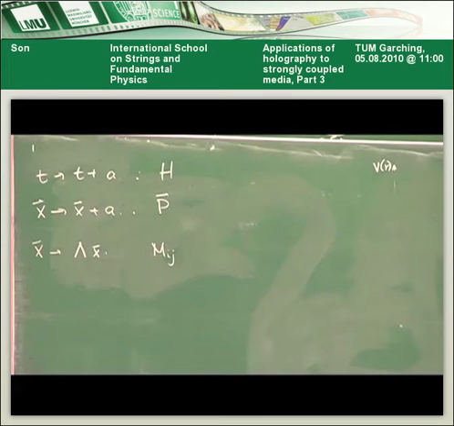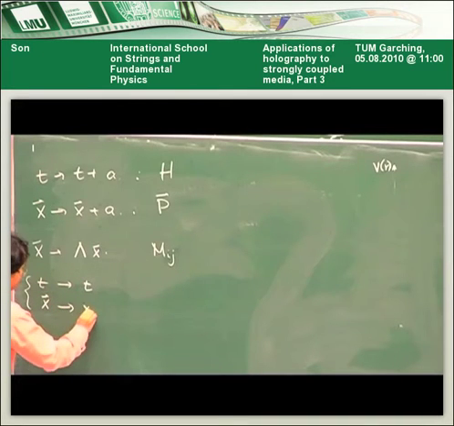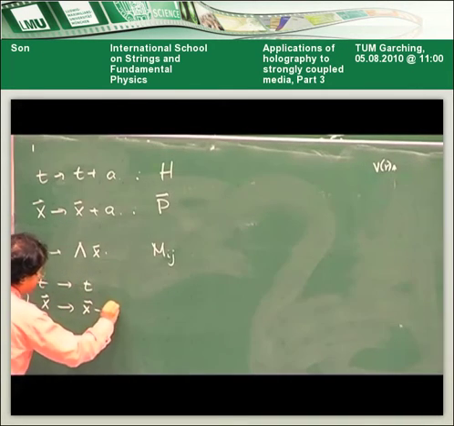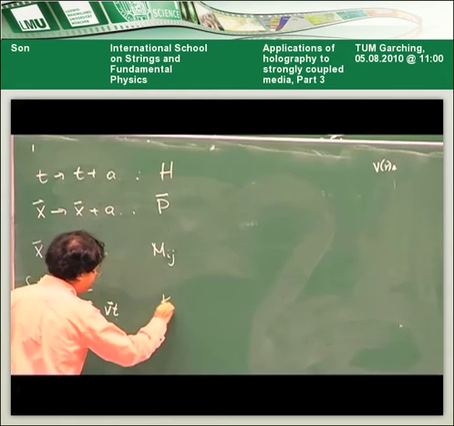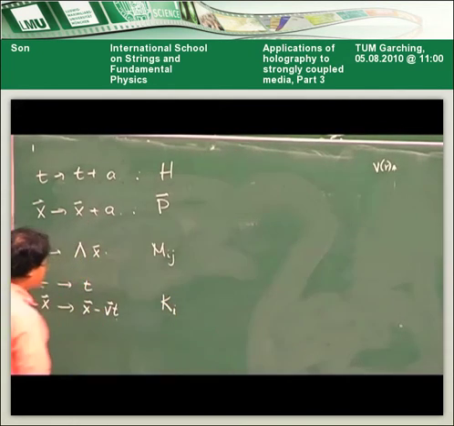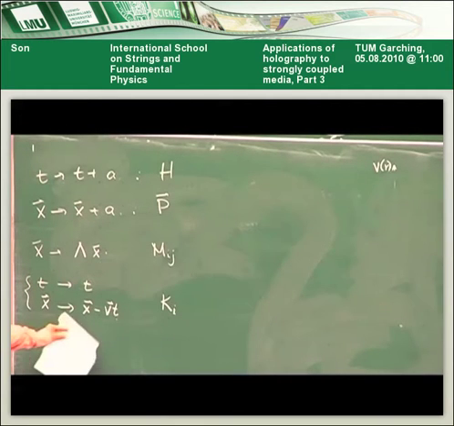The Galilean boost is the following transformation. T goes to T, and X goes to X minus Vt. Let's call this transformation K. K should have an index I that runs from 1 to 3 because the vector V, the velocity, is a vector.